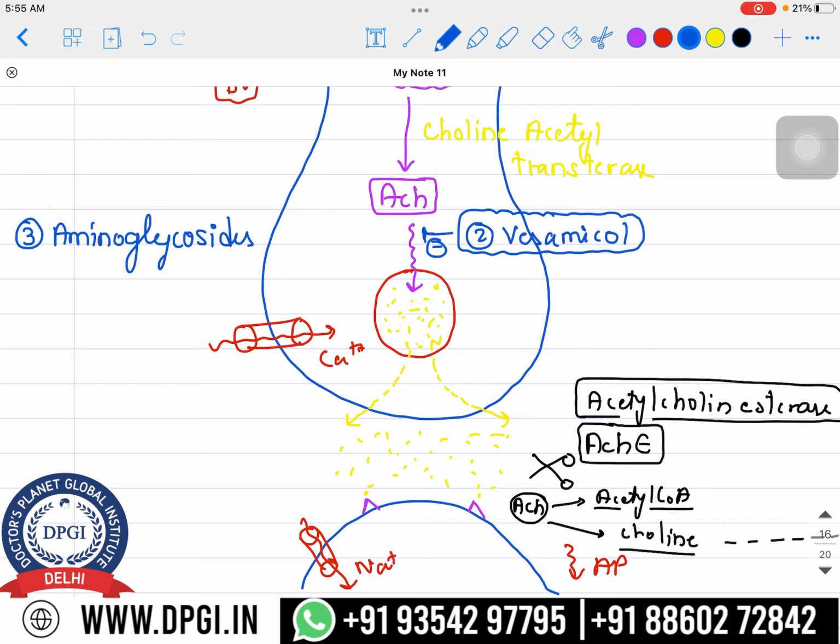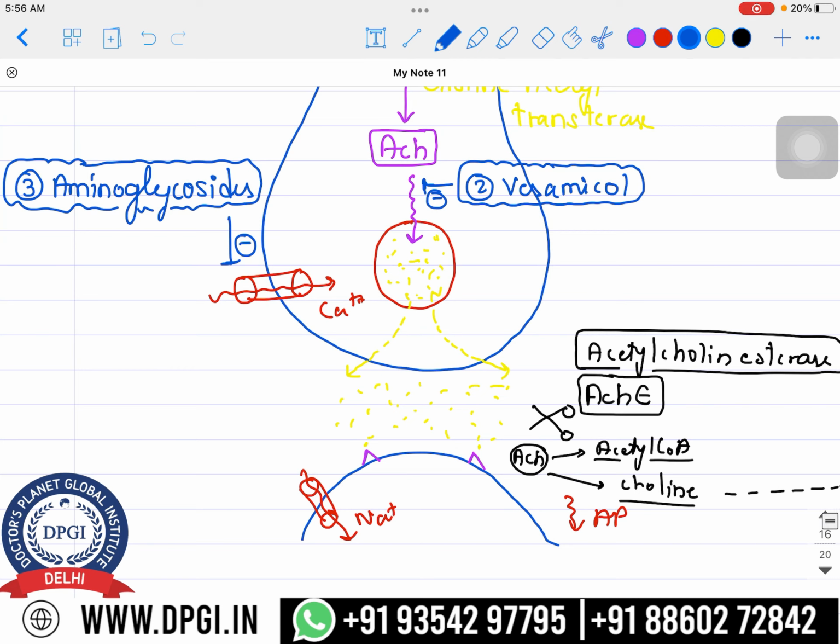What they are doing, as you can see, the voltage gated calcium channels were there, right? They are inhibiting these channels so that calcium influx will not be able to happen. And you know that if the calcium influx does not happen, the exocytosis of the acetylcholine will not be able to happen further, right? That's how the drug is working.